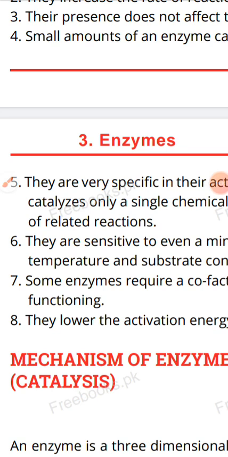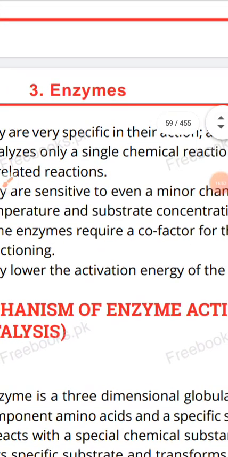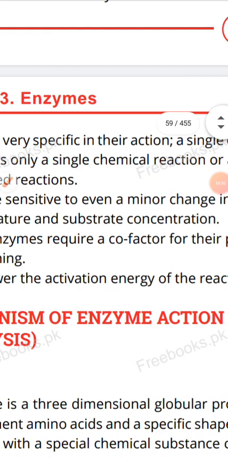Most of the enzymes in the human body work at optimum temperature, but there are enzymes in bacteria which work at 5 Celsius as well. So the optimum temperature of each enzyme is different, but human enzymes mostly work at 38.6, body temperature, which is their optimum temperature.